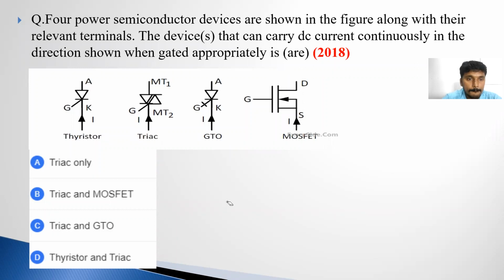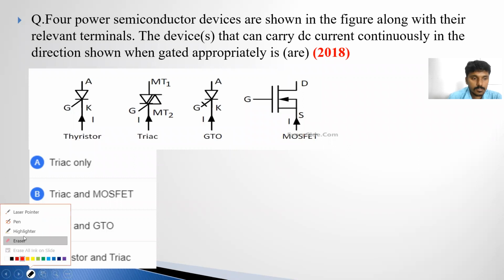Please tell me. For thyristors, if we apply the reverse voltage to the thyristor, can it carry the current? Does the thyristor turn on? Triac and MOSFET.